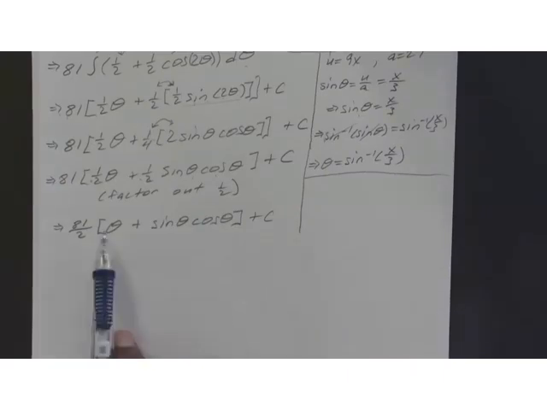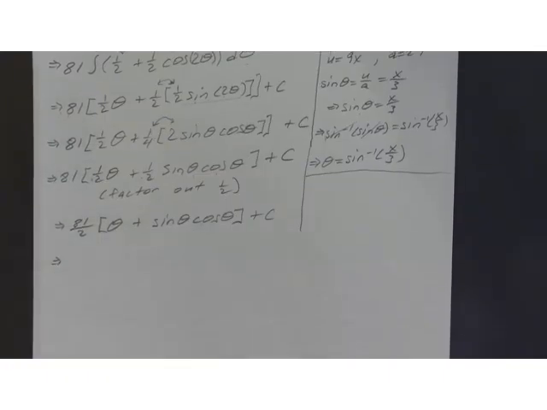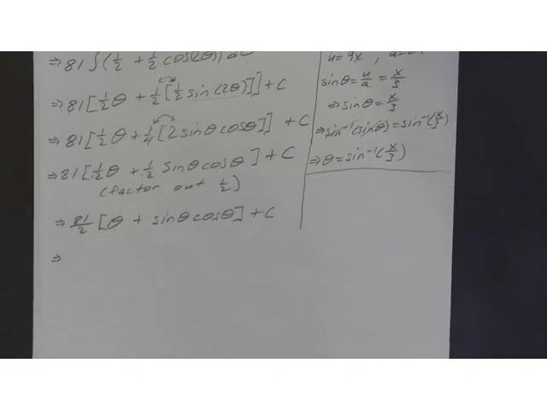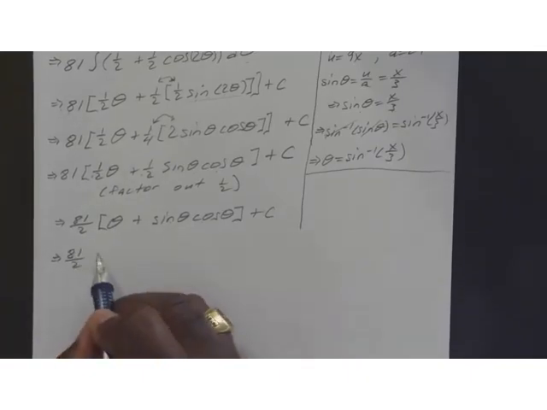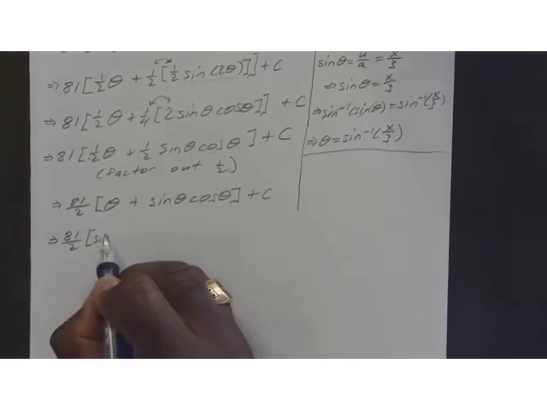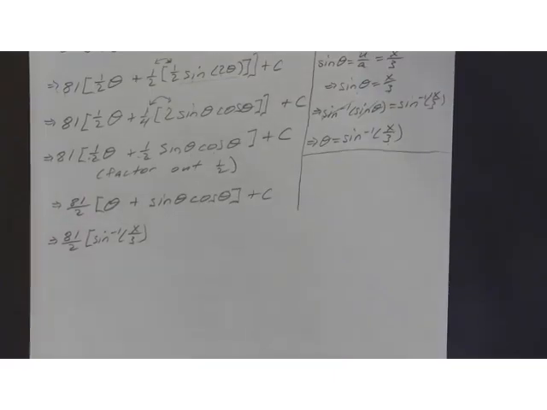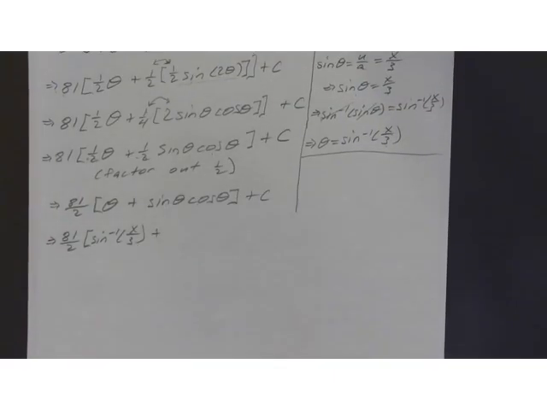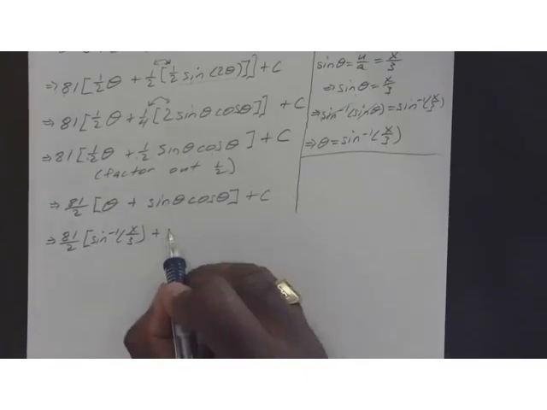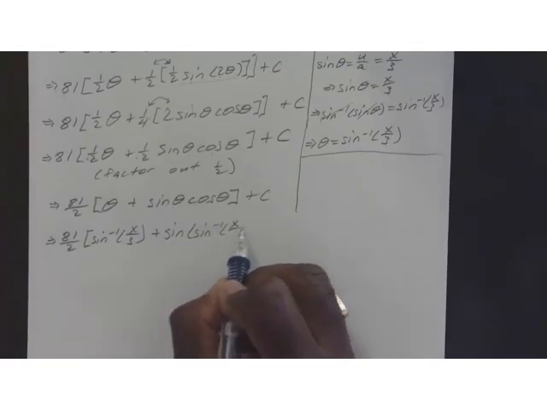Okay, which works fine for the thetas here, but now we have to get rid of the cosines and sines, but we'll do that afterwards. So now we have our theta, that's 81 divided by 2, times theta, which is sine inverse of x over 3, plus sine of theta, so that's just sine of sine inverse of x over 3.